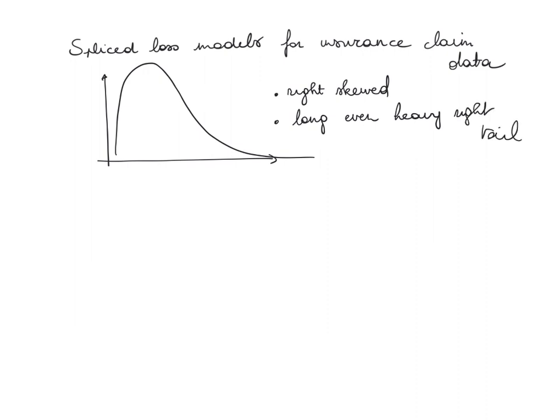So that implies that it is usually not so easy to find a global fitting distribution. And with global, I mean a distribution that is capable of capturing both the small to moderate losses, as well as the large, even extreme losses. So finding a global fitting distribution is typically very hard.